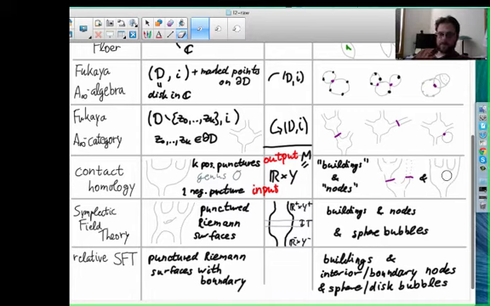These are all punctured spheres. Only sphere bubbles, I would say. No sphere bubbles in contact homology, because usually these are exact. That's why it's exact. So in this case, breaking is everything that happens.